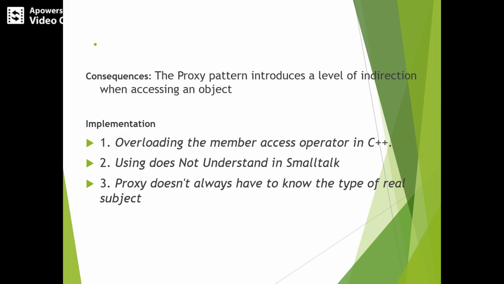In the proxy structural design pattern, to ensure that a request is always forwarded to the subject and not just absorbed by the proxy, we can define the proxy class so that it doesn't understand any messages. In Smalltalk, this lets you do this by making the proxy a class without a superclass. So we have one main advantage, and we have a major disadvantage also. Here the disadvantage is doesNotUnderstand in Smalltalk.